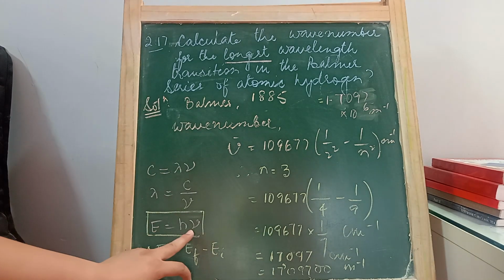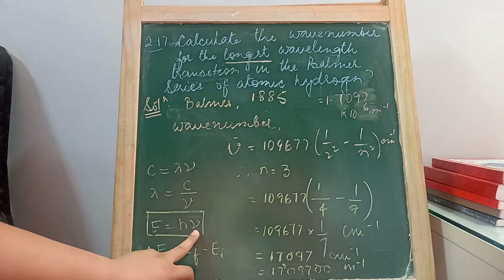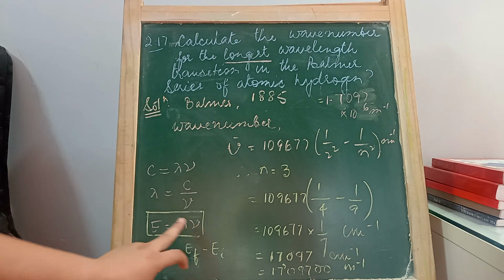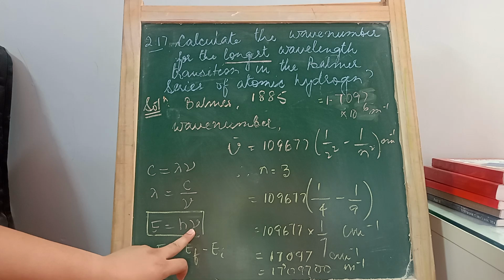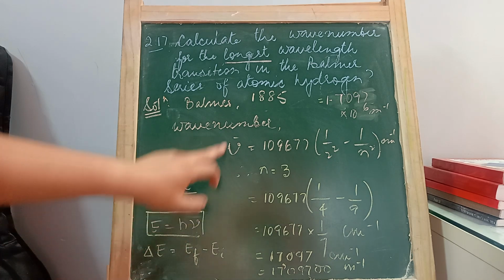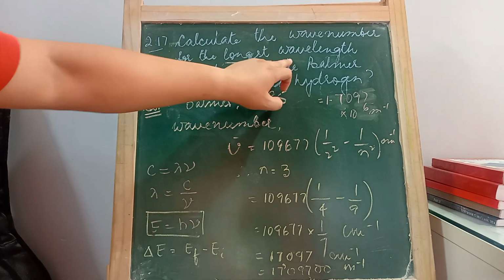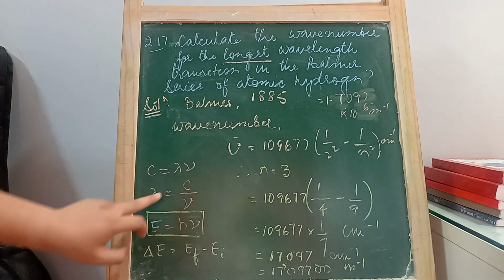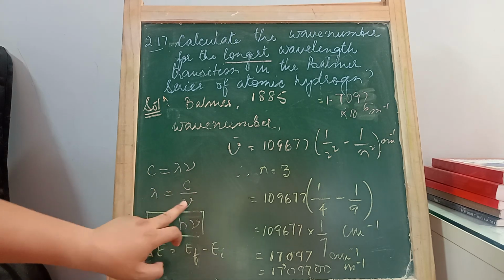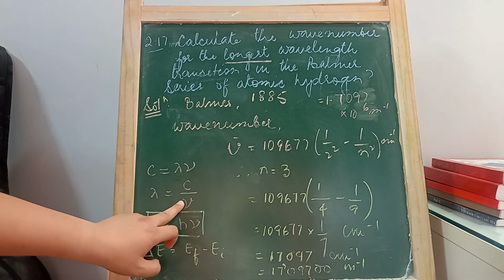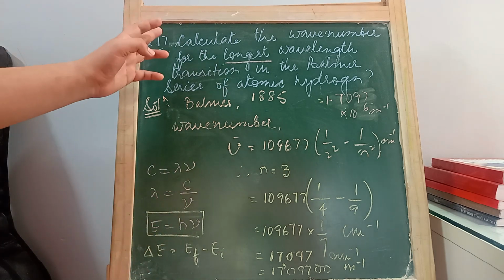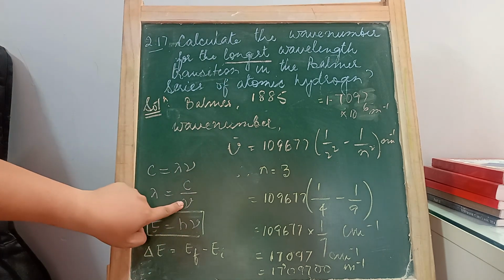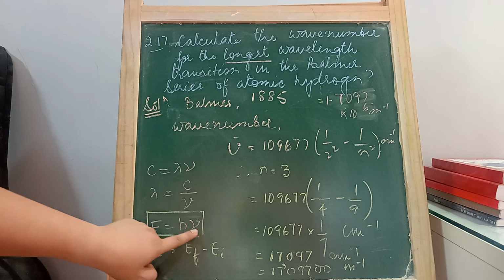So energy is directly proportional to frequency. Here they are saying longest wavelength. Wavelength is inversely proportional to frequency. Long wave means less frequency, and less frequency means less energy.